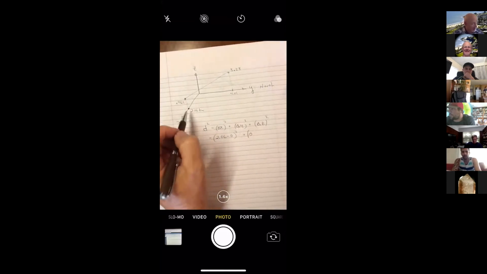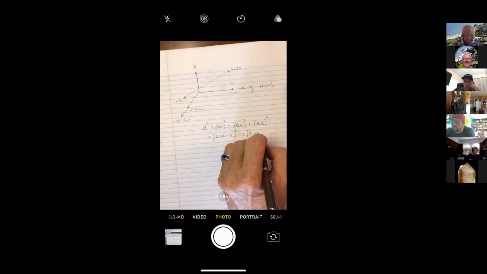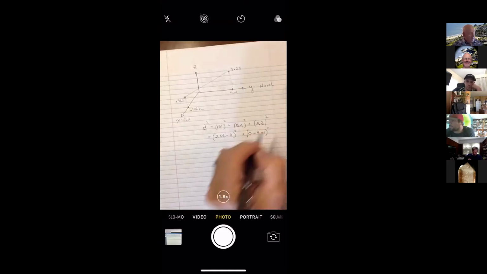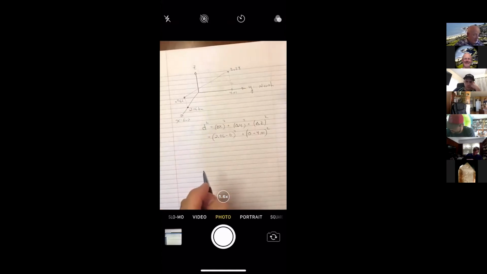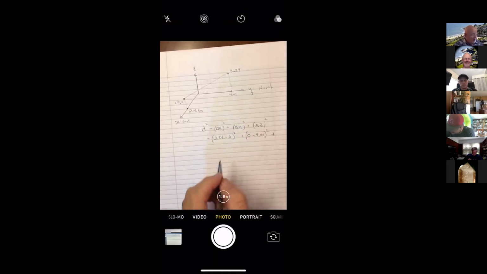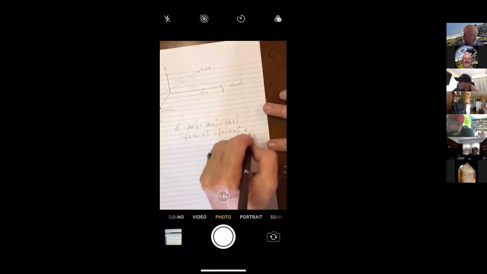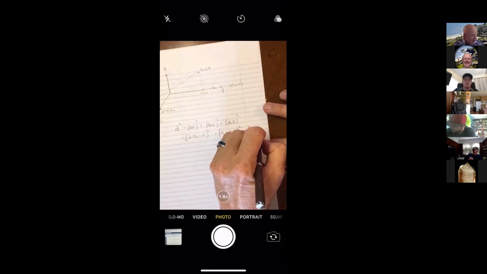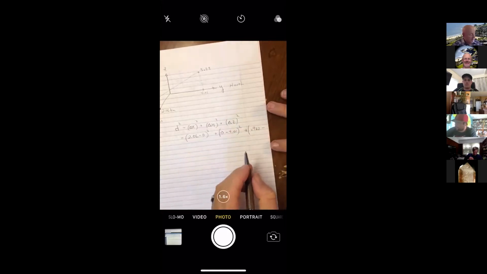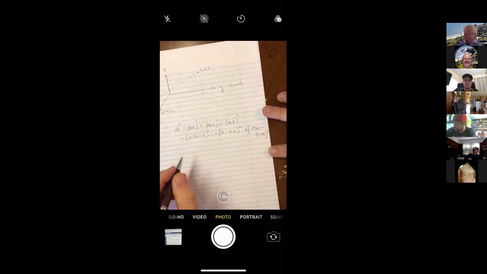For the y-axis, the first plane has a y coordinate of 0, and the second is a 4, or sorry, it's a plus 4, but I'm subtracting it. And then the z-axis might be the harder one of it. The z-axis would be the first one, 0.962 minus 3.28, squared.